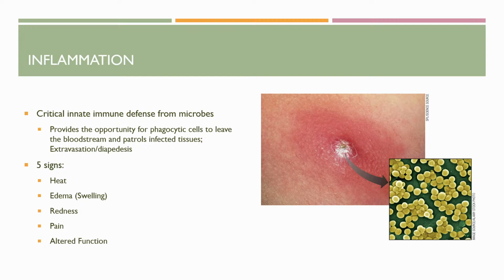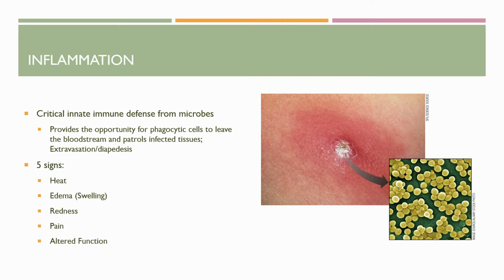The blood cells are all being recruited to that area, and that provides an opportunity for other immune cells to be recruited to the site of infection. And that results in inflammation.